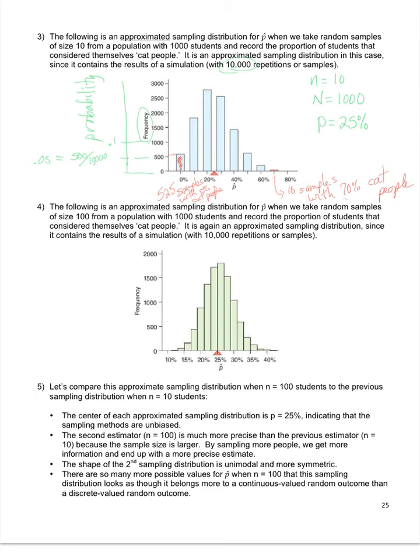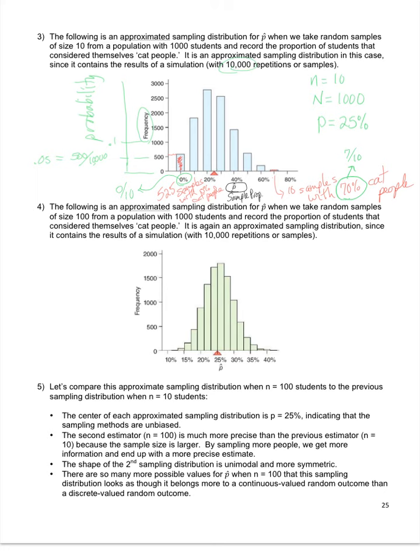And keep in mind, 70% cat people meant that 7 out of the 10 people sampled were cat people. And here, 0%, 0 out of the 10 people sampled were cat people. And the last thing I want to point out to you is this horizontal axis is p hat, so these are sample proportions. All the different values of p hat for each particular sample that is collected.